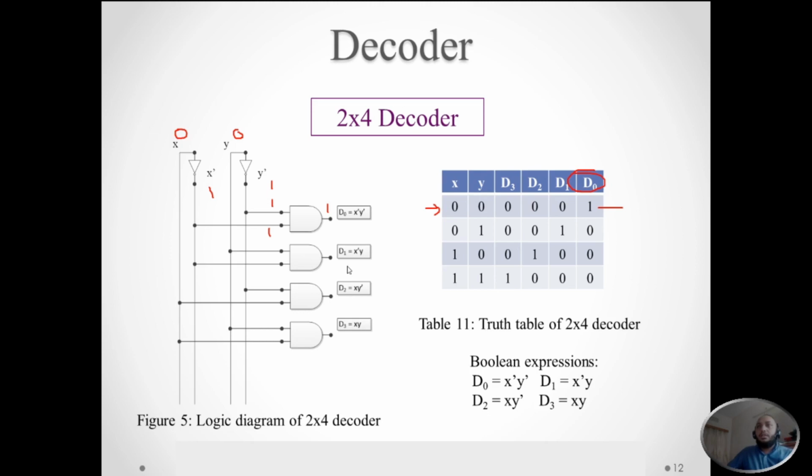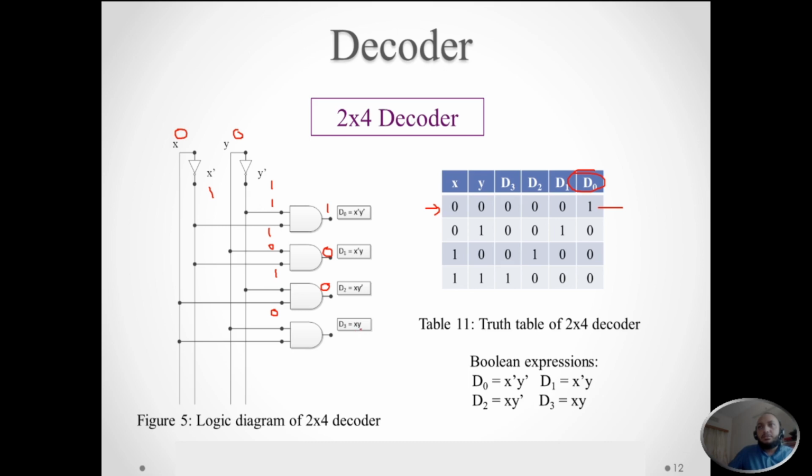For D1 the expression is x prime y. That means x prime here, which is 1, and y here, which is 0. So one input of this AND gate is 0, that means the output will be 0. For D2 the expression is x y prime, so x is 0, the output will be 0, because if one of the inputs of an AND gate is 0, then the output will be 0.